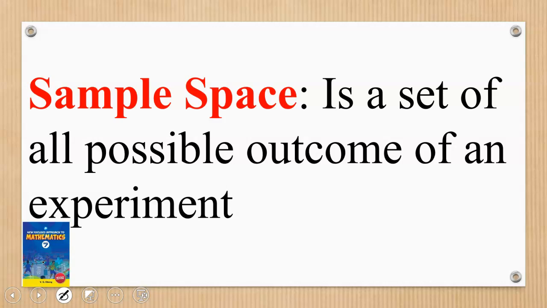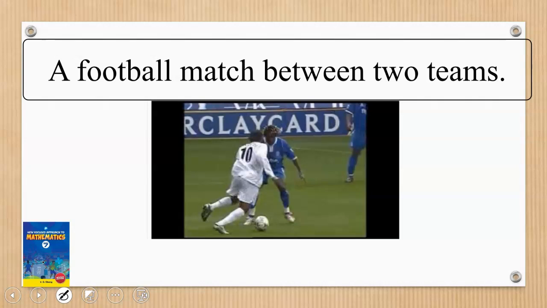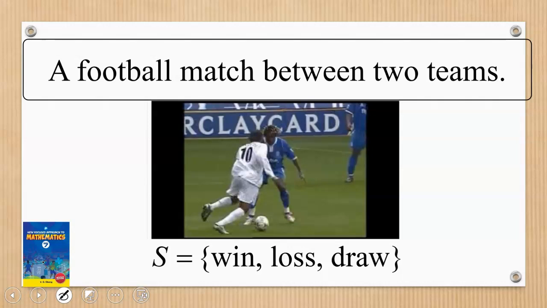Okay, so for example, we are about to play a football match. We don't know the outcome, so that becomes an experiment. But what are the possible outcomes that will happen when we end a football match? Those outcomes are what we refer to as the sample space. So for a football match between two teams, the outcome can either be a win, a lose, or a draw.